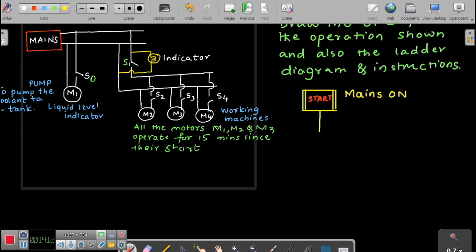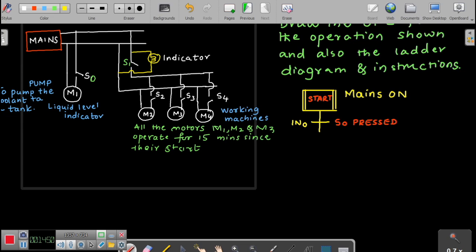Please have a look at the diagram. This transition is referred to as S0 pressed. So your entire operation, after having seen the mains on, starts from S0 pressed. This serves as IN0, the input 0 here.